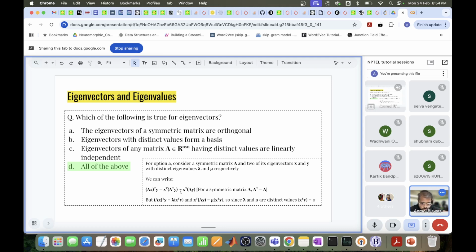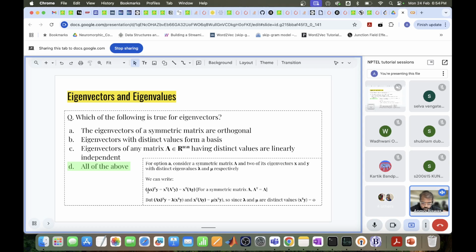We put the brackets around A transpose y. So now we have x transpose (A transpose y), and of course A transpose is equal to A, so we can replace this A transpose with A because A is a symmetric matrix. So now it becomes x transpose times Ay.